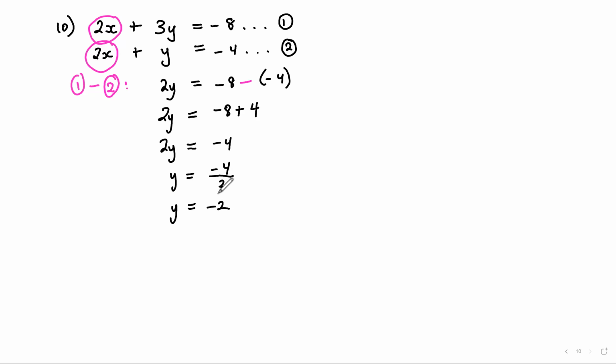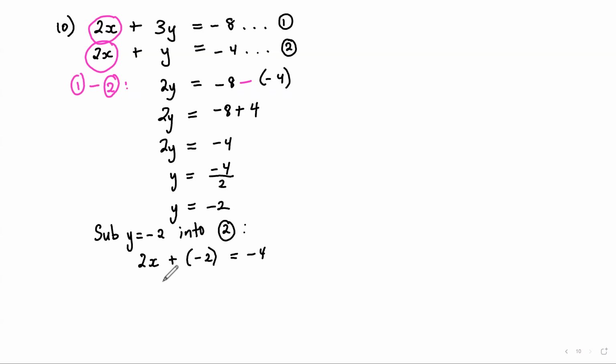Once you get what y is, we can substitute y is equal to -2 back into any one of the equations. I'm going to put this in equation 2 to see what x is. So wherever I have y in equation 2, I'm replacing it with -2. So 2x plus -2 is equal to -4.